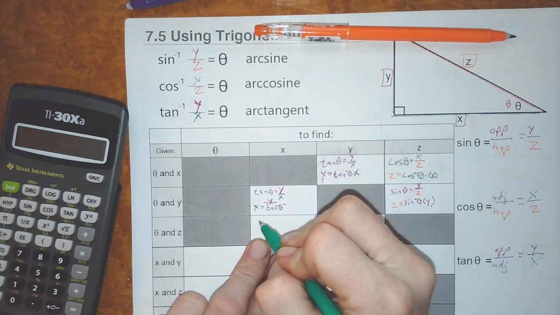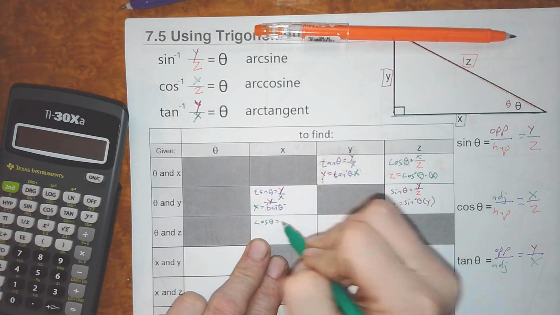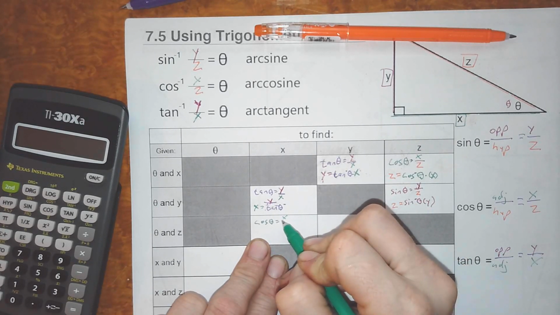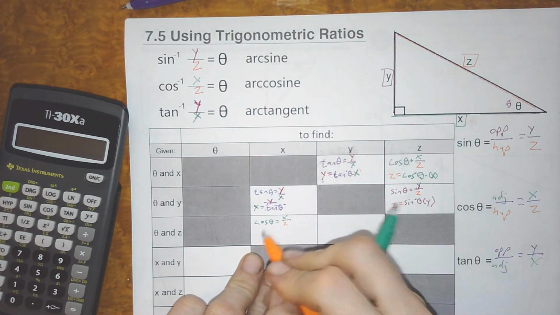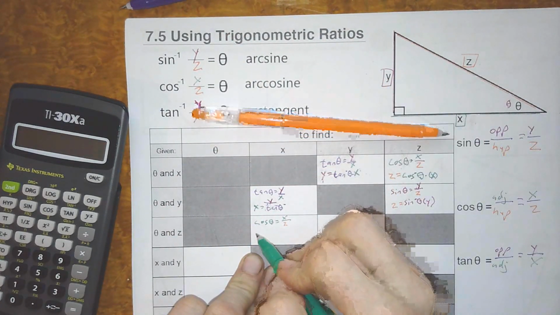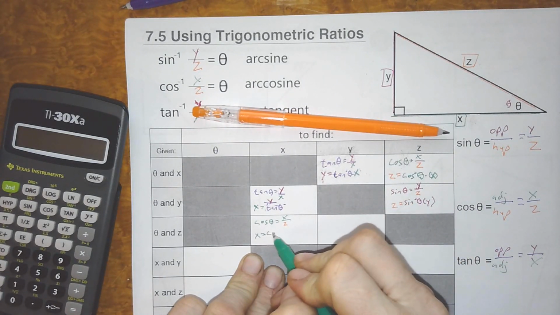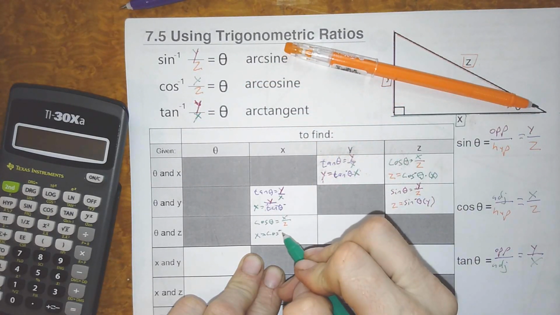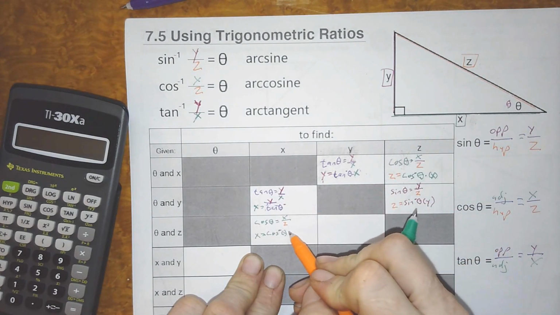Cosine of theta equals x over z, so x equals the arc cosine of theta times z.